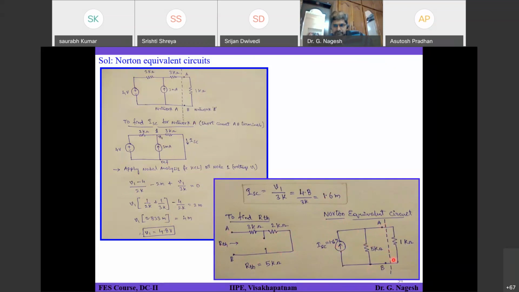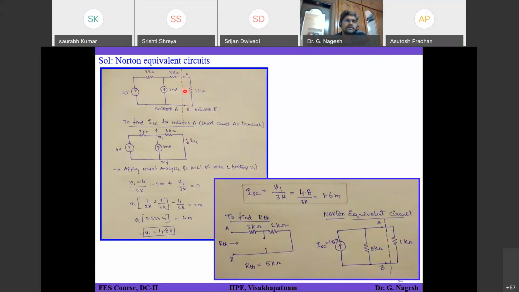The circuit to the left of this dotted line is called as Norton's equivalent circuit. If I ask you to find out the Norton's equivalent circuit, maybe I will give you the question in such a way that there will not be any 1 kilo ohm here. I will simply denote A and B. Find the Norton's equivalent circuit as seen from terminals A and B. What you have to do? You have to find out ISC in this fashion.